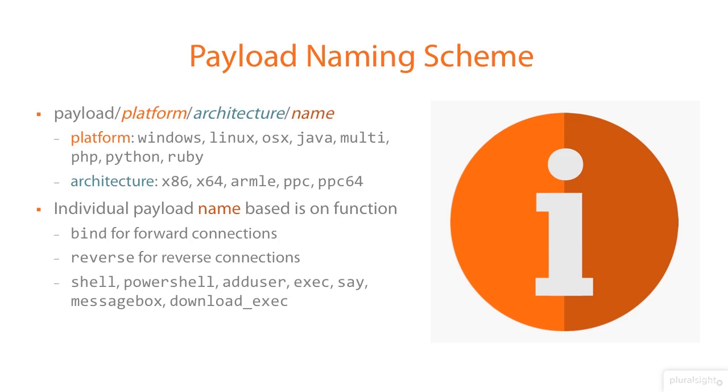Other names include shell for an interactive command shell on the target system, PowerShell for PowerShell on a Windows target, add user to create a new user account, exec for executing a command, say to speak a command to the user of the target system, message box to place a window with a message on the screen, download_exec, which downloads code from a remote system and executes that code.